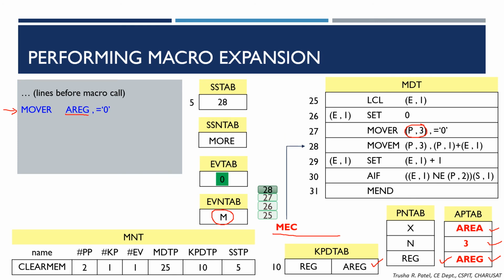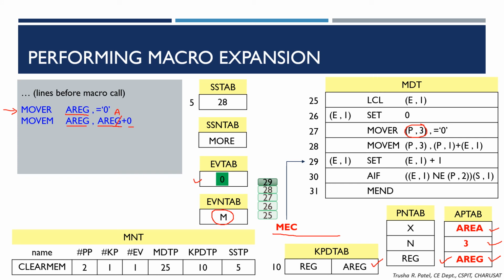Now next MEC will be incremented by 1, and the instruction is MOVEM parameter 3 comma parameter 1 plus expansion time variable 1. So it will write something like MOVEM parameter 3, that is AREG, comma parameter 1, that is AREA, plus the value of the expansion time variable 1, that is 0 over here.